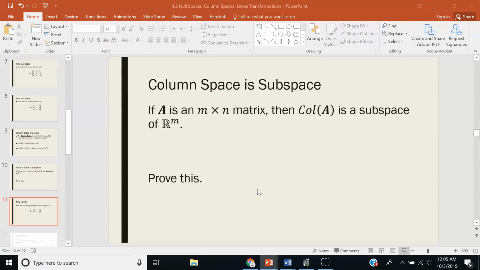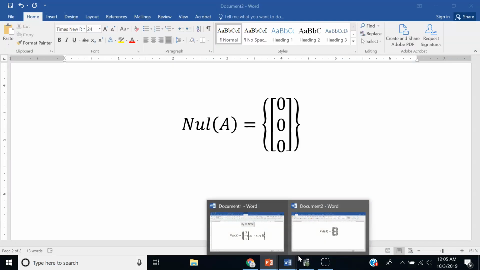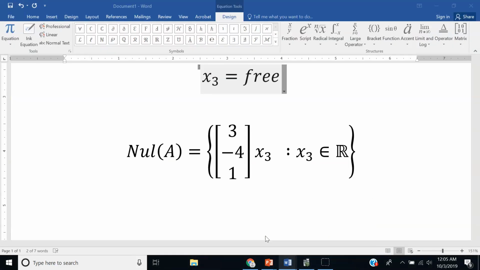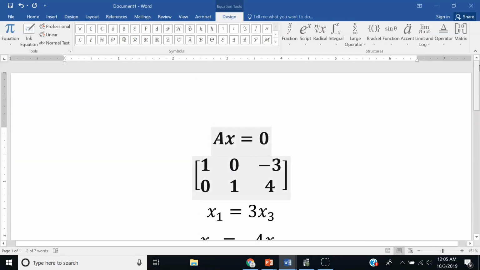So just to remind you of what I'm saying here, I'm looking for all possible b. So I row reduce my matrix A, I look at b, and all kinds of good stuff could happen there.